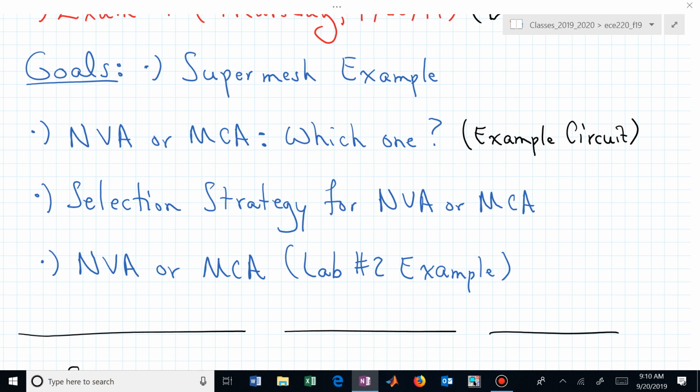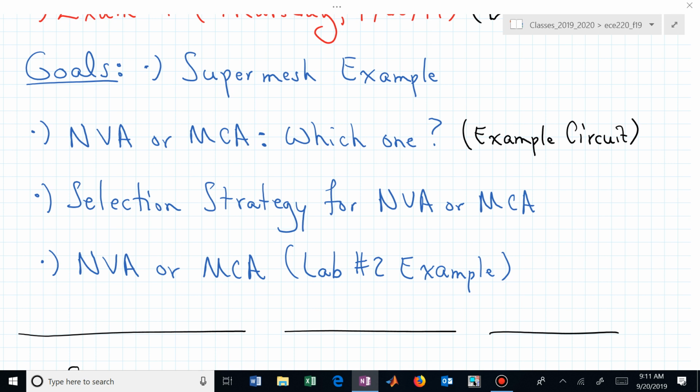Really, here's the strategy. You look at a circuit and you do more than just look at it. You start thinking through how you might solve it based on node voltage analysis or mesh current analysis. And then after that preliminary thought process, you pick one and you go.